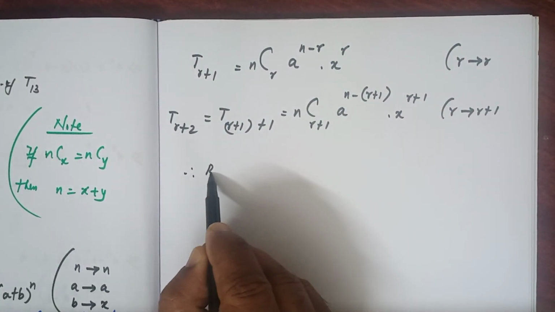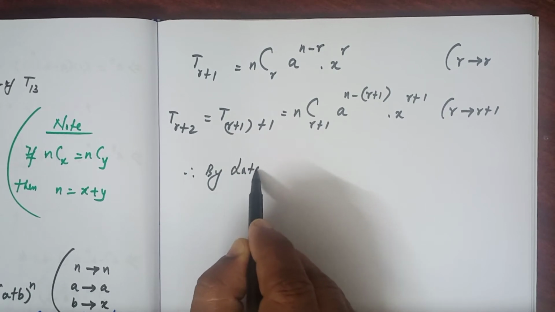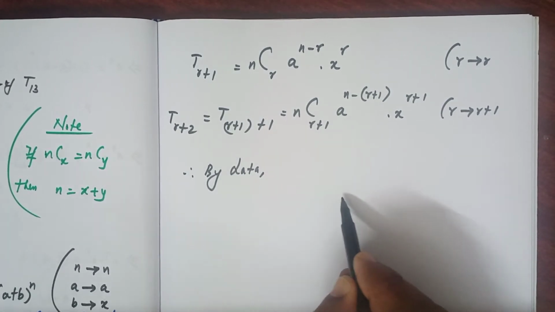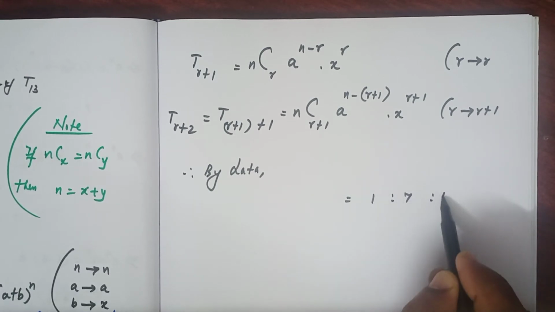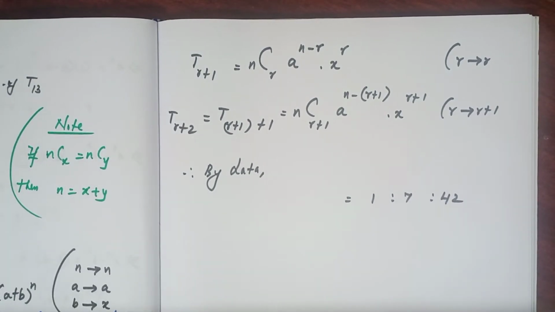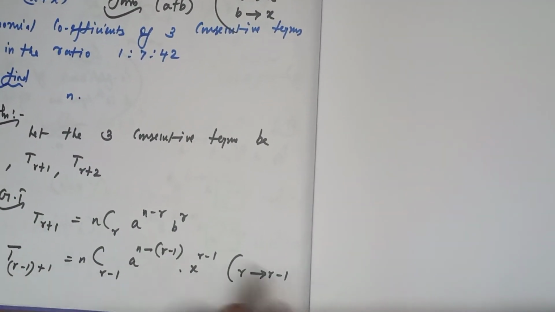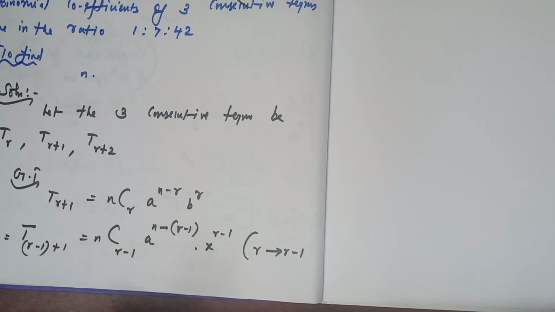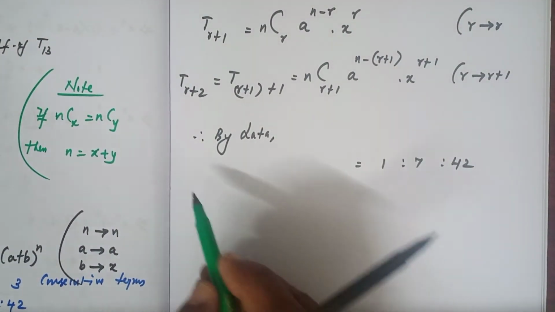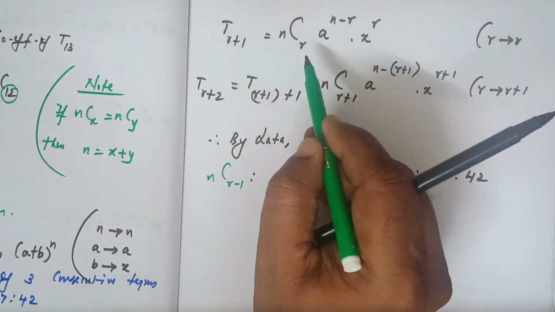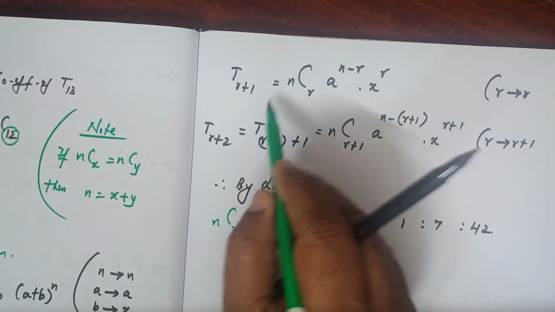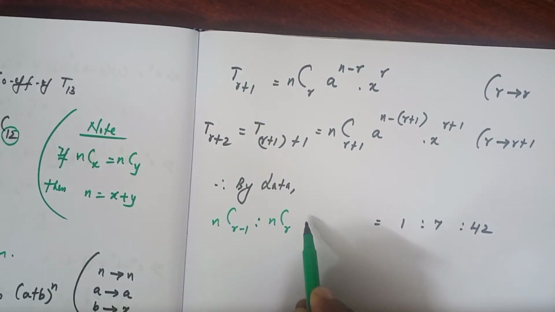Now, therefore by data, the three coefficients are in the ratio 1 is to 7 is to 42, that is given. So you have to consider the coefficient only. Here the first term, rth term coefficient, is nC(r-1). Next, the (r+1)th term coefficient is nCr.